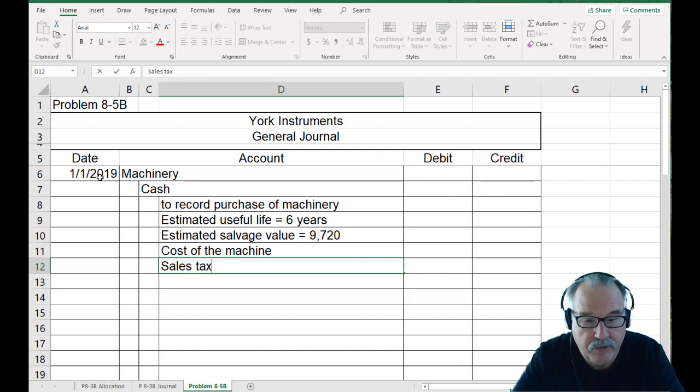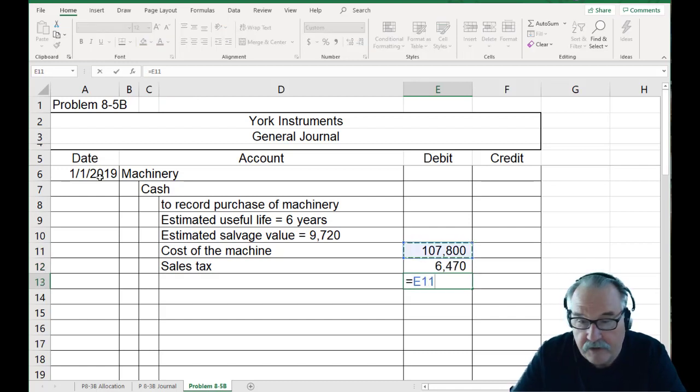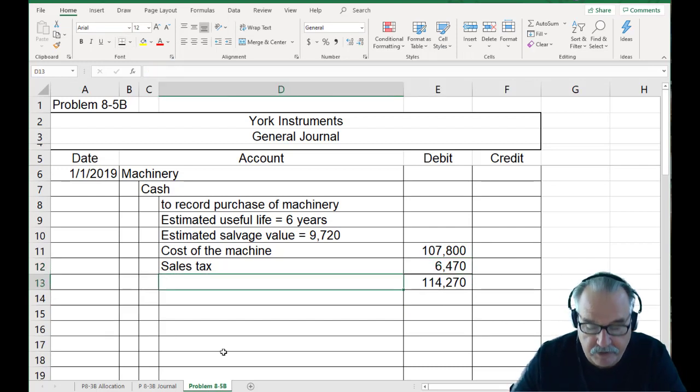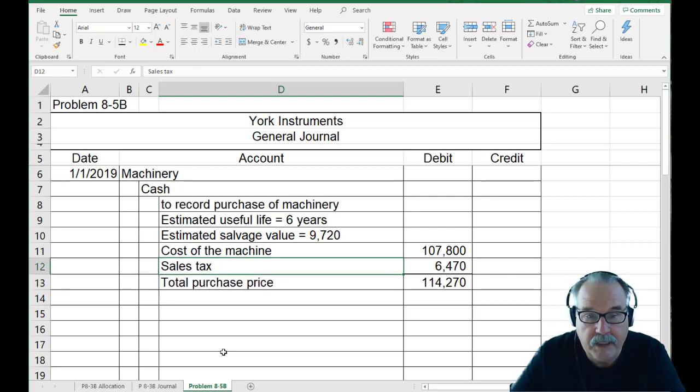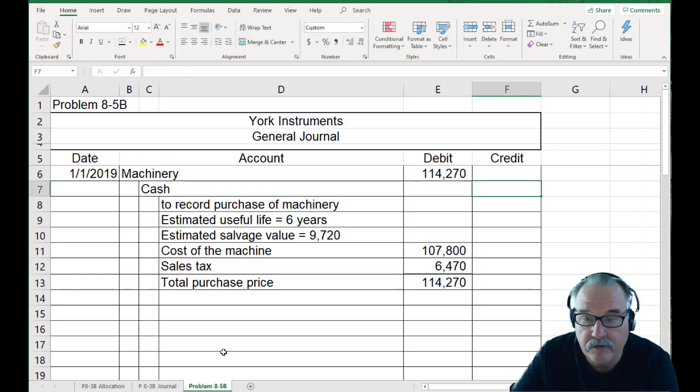And we would include the sales tax in the cost of the machine. And if there was freight to bring it in, if there was some sort of an installation fee, we would include all of that in the cost of this equipment. So this is the total purchase price. And we will now just link into our journal entry up above, and we have a debit of $114,270.